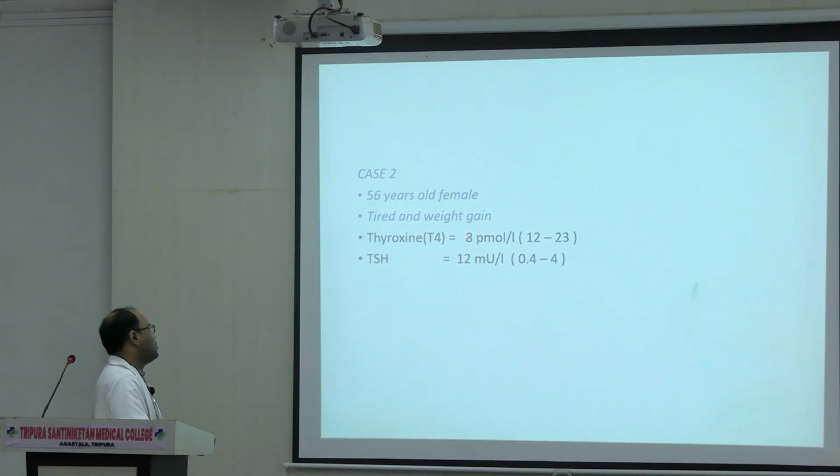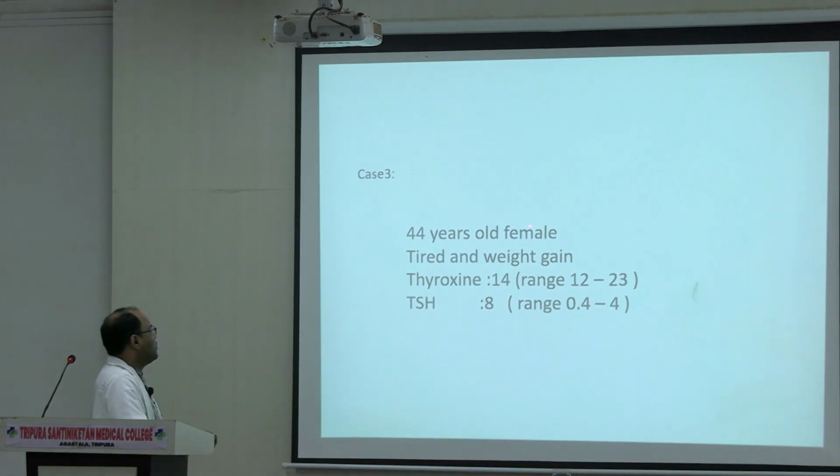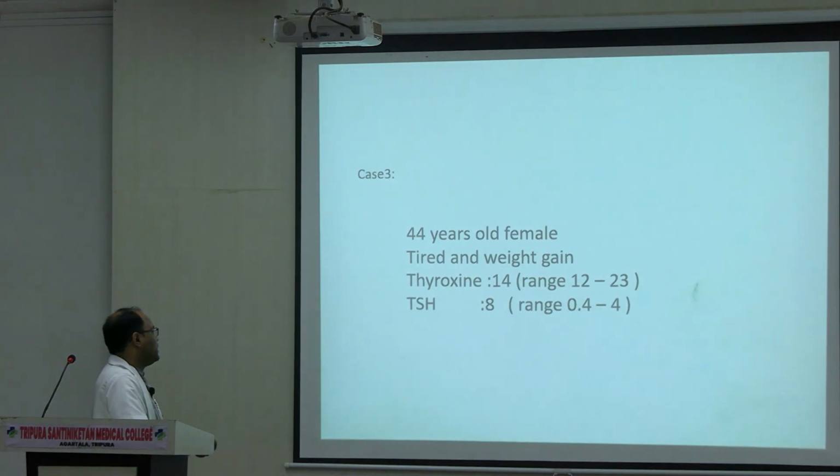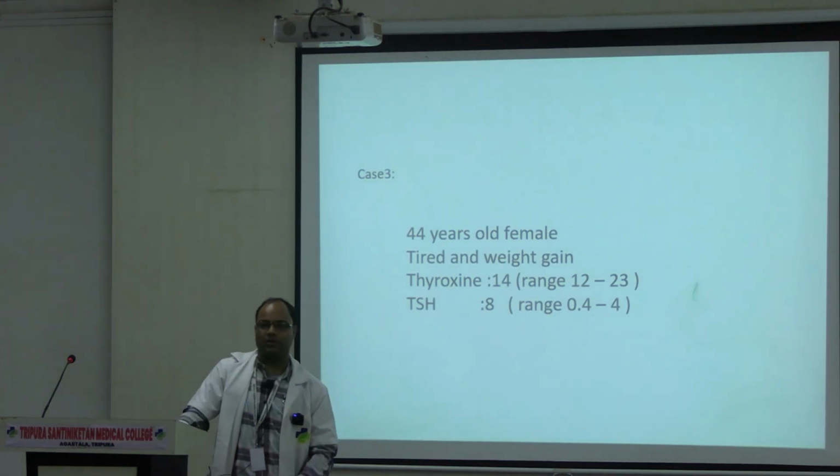T4 level is low, TSH level is high. Diagnosis? Hypothyroidism. Very good. A 44-year-old female, tiredness, weight gain, T4 level 14, TSH 8. Diagnosis? Hypothyroidism. Okay? Please go and read this topic, very important topic.